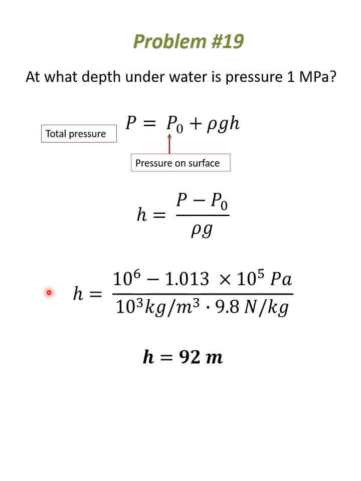But then we're going to subtract away the contribution that the air has made, 1.013 times 10 to the 5th pascals. Divide by the density of the water. Now you can choose whether to use fresh water or seawater. I've just gone with fresh water here, 1,000 kilograms per meter cubed. But if you're using seawater, you use 1030 kilograms per meter cubed. And really, it's only going to change our answer by a couple of meters. And 9.8 newtons per kilogram for gravity, and we get an answer of 92 meters.